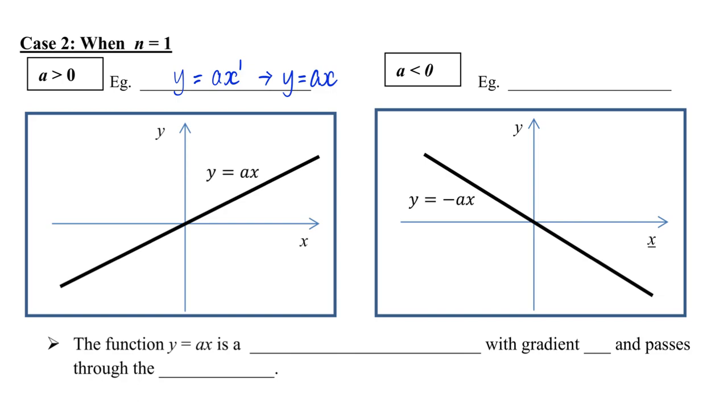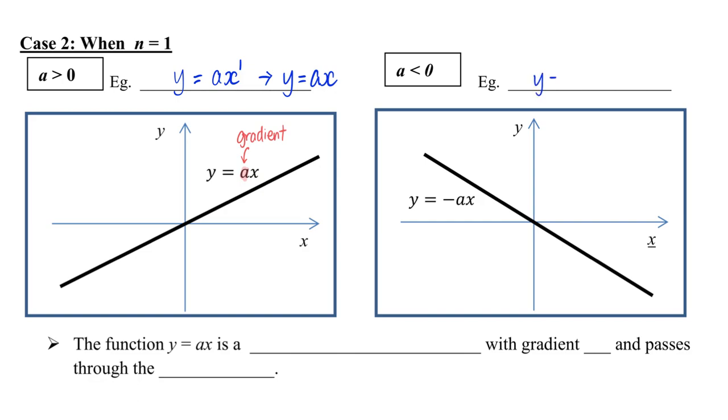When I plot this graph, you do see that it is a straight line. The gradient is represented by a. As we explored previously, in y equals mx plus c, the coefficient of x is the gradient. So a is representing the gradient of this straight line. So this is a linear function, a straight line graph.